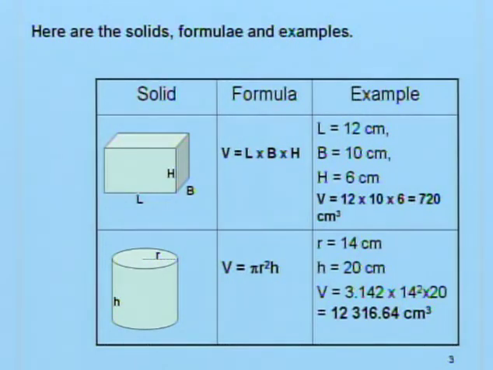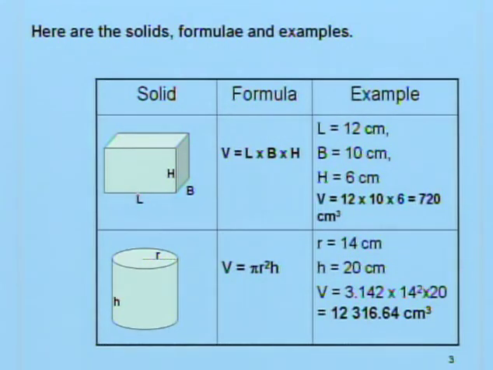In the example on the right, you are given that the length is equal to 12 cm, the breadth is equal to 10 cm, the height is equal to 6 cm. The volume can be calculated by multiplying 12 by 10 by 6.